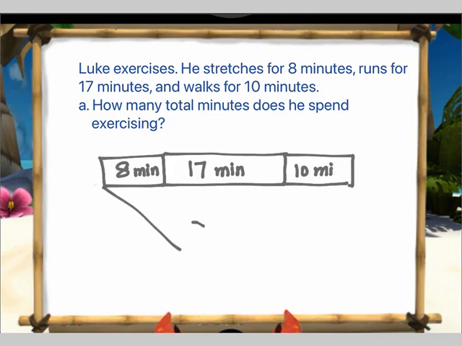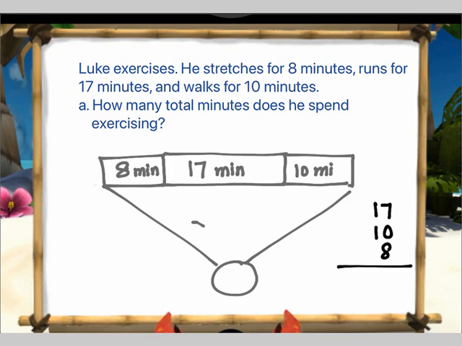So let us add and find the total time that he took for exercising. 7 plus 8 is 15, 5 and 1 goes up, 1 plus 1 plus 1 is 3, so 35 is the answer.